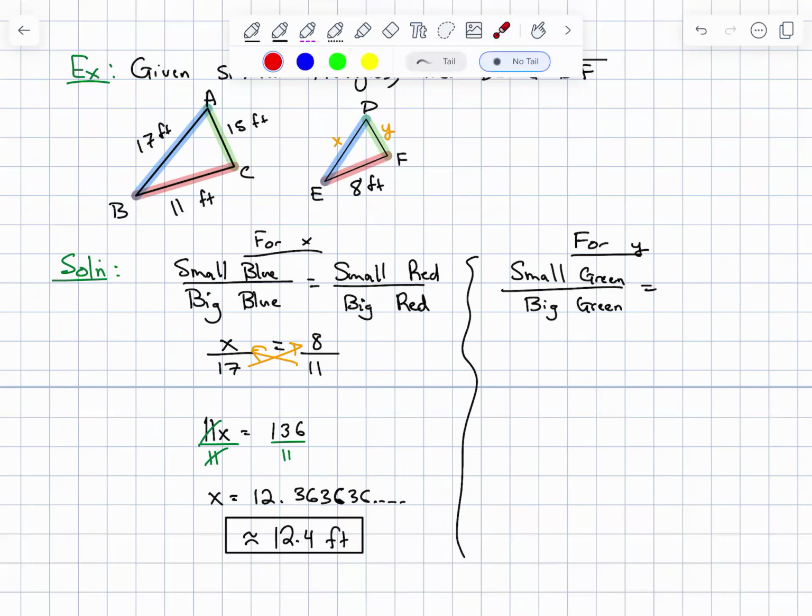You just used the blue side lengths now that you found X. But because our X value is an approximation, it won't give us the exact answer. We'll probably be off by maybe 100ths or 300ths of a number. So that's why we should still stick with small red over big red.